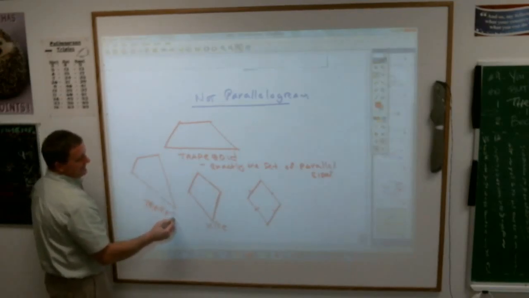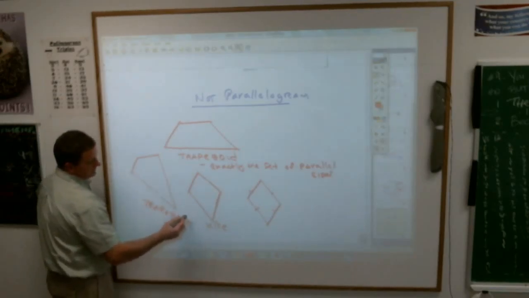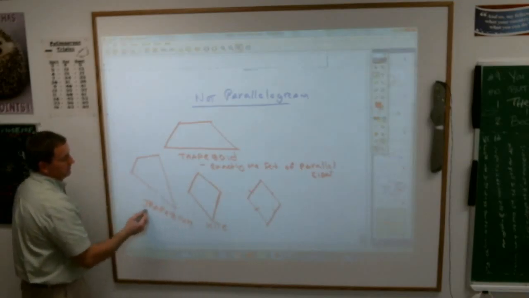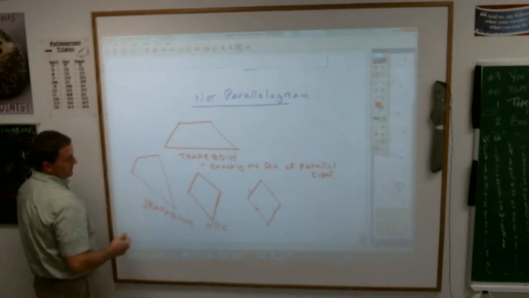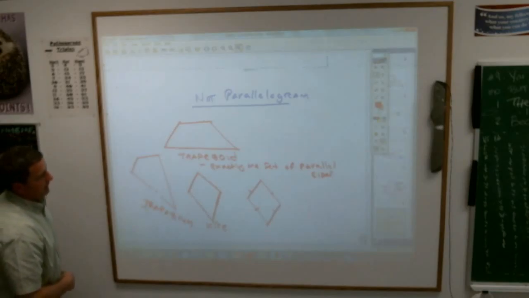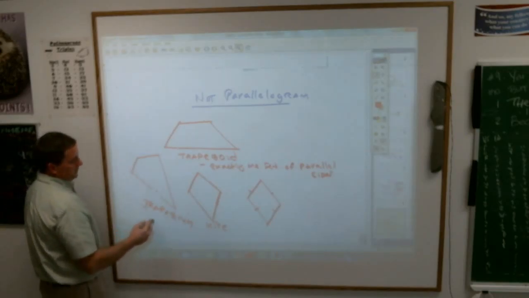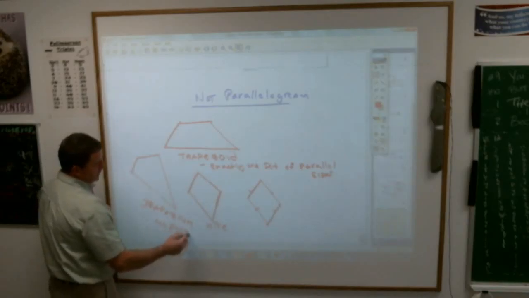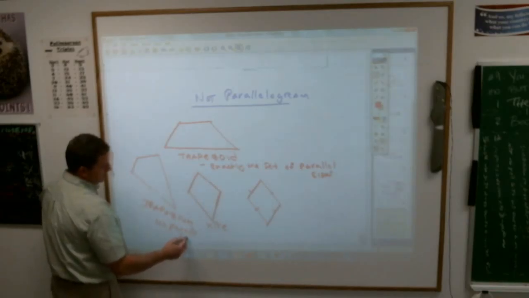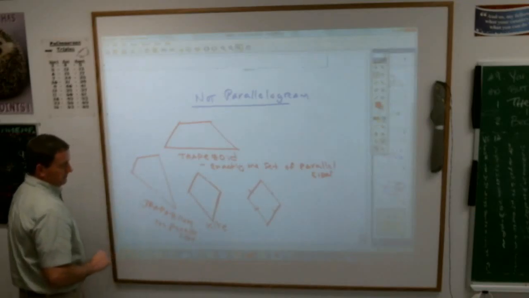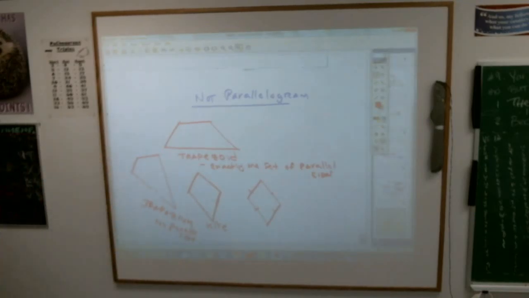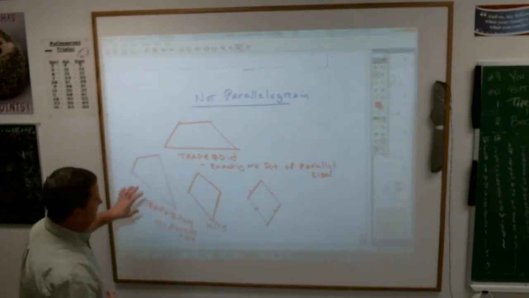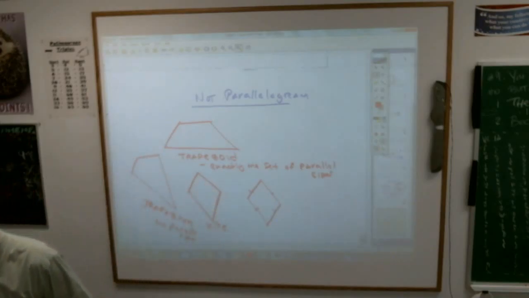I'm sure it's Latin for something, but it has no parallel sides. So I think a kite would fall under the trapezium, a special kite type of trapezium.